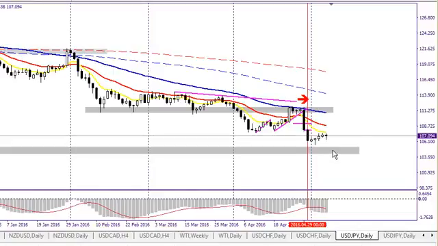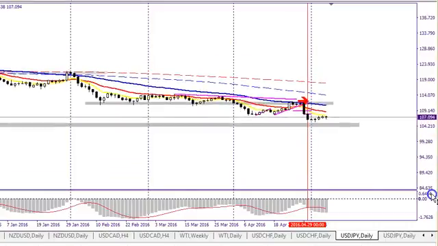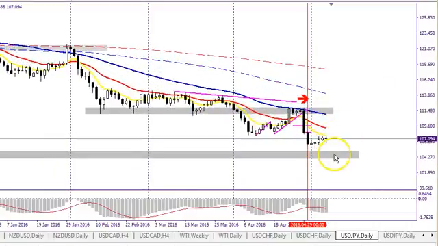Here you're looking for one bearish candle to the downside, or taking a sell stop order below the 106.36, right around there, and price will at least come down to this area right here. There's still lots of room to the downside on this pair.